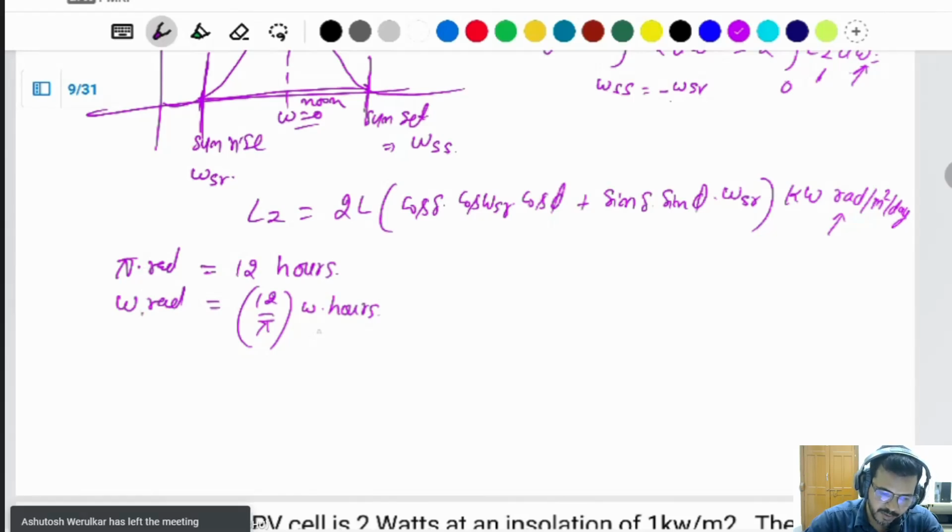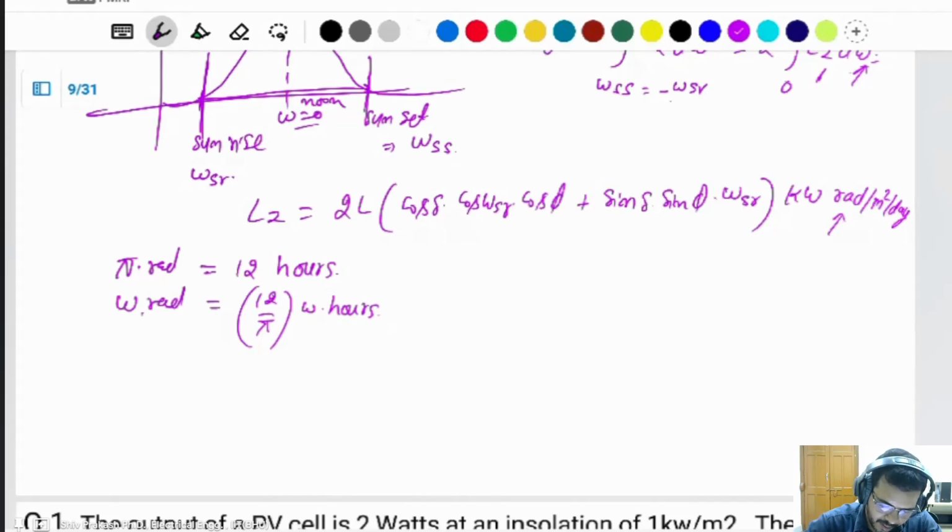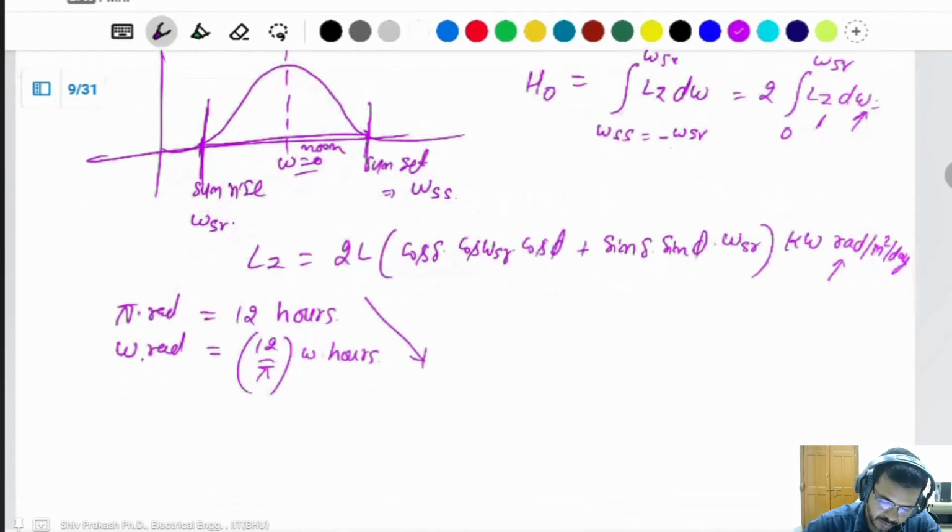Same thing, you can multiply here. Then we will get H naught into 2 L. This will be the omega, this will be the radian. Then calculate in hour.